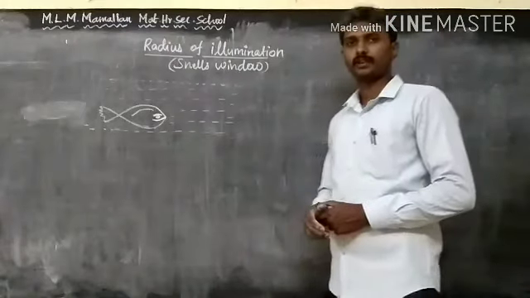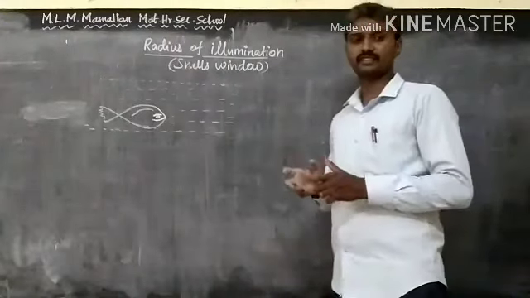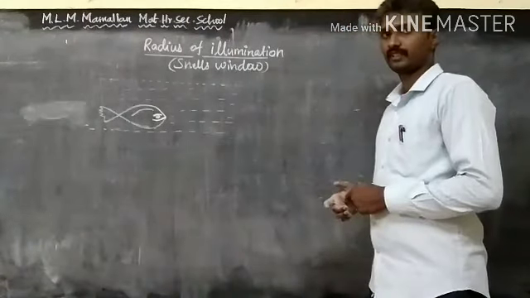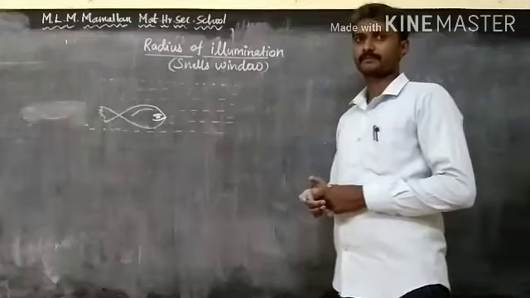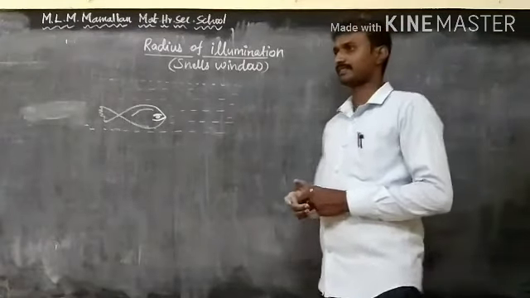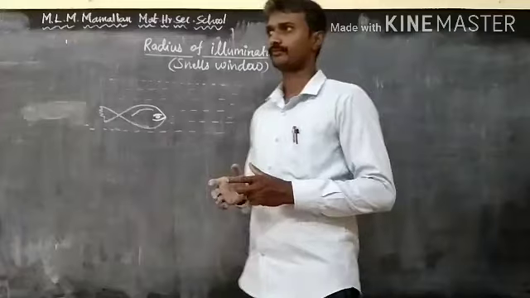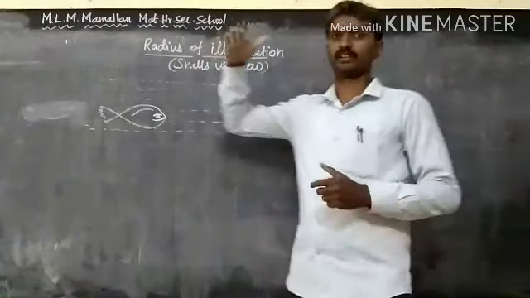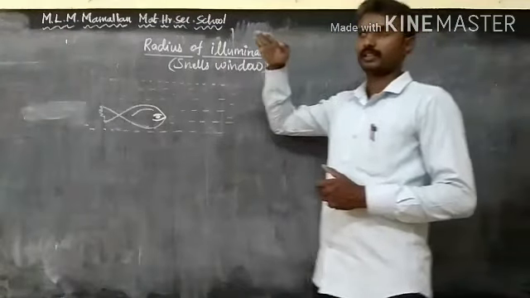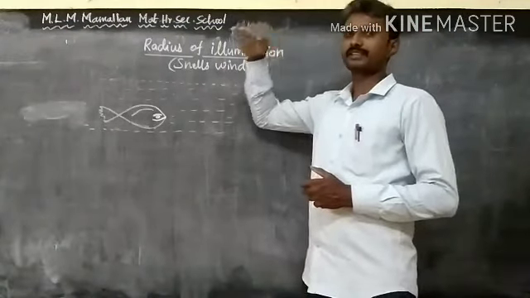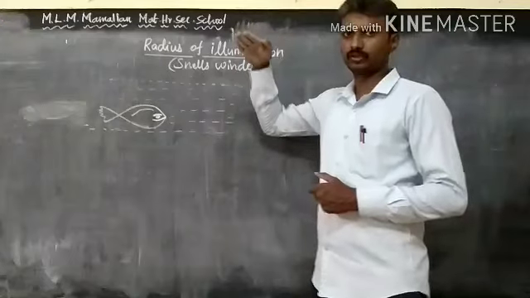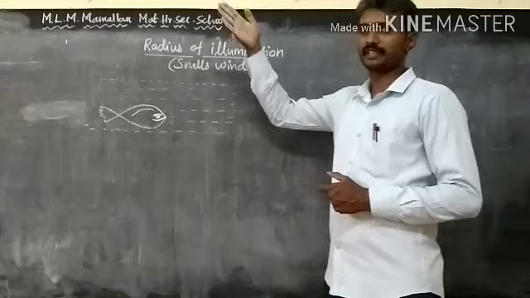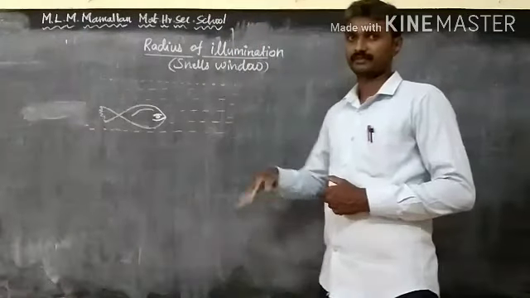Suppose an electric bulb is placed inside a water tank. When it is switched on, the light from the source travels as a straight line inside the water up to the surface of the water. When it reaches the surface, it may undergo refraction, and some part of the light undergoes reflection.